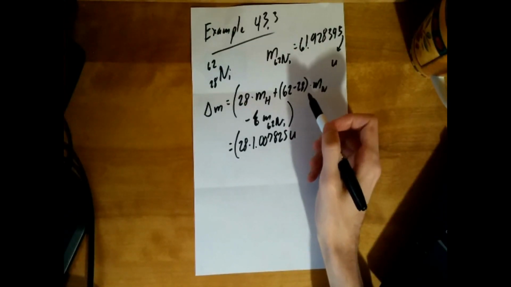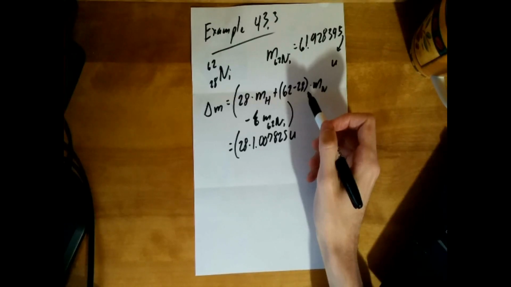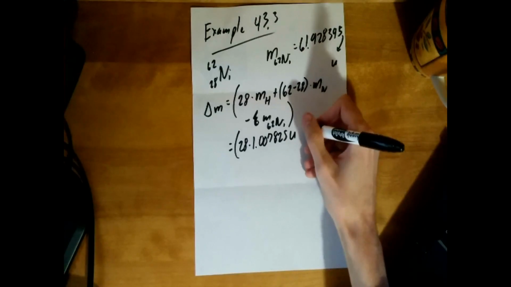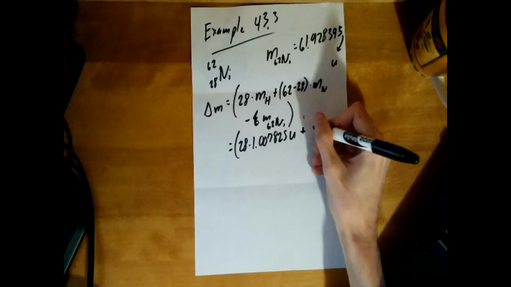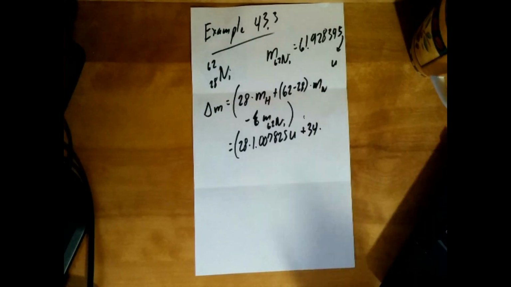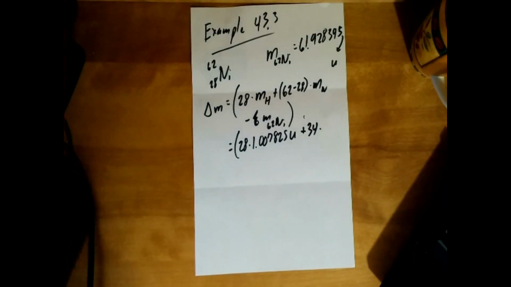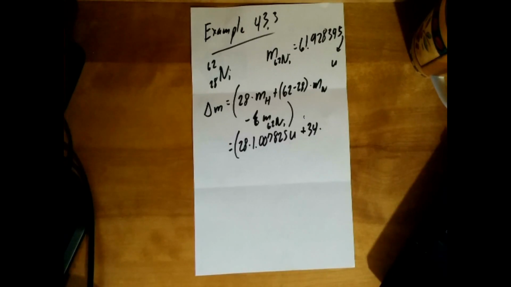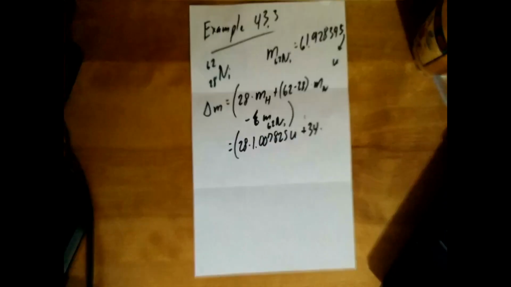62 minus 28, 34, times the mass of a neutron, also in units of U. For this, you can either use the values in kilogram and divide by U. You also have it at the bottom of page 1441. In fact, you have the proton, the neutron, and the electron.